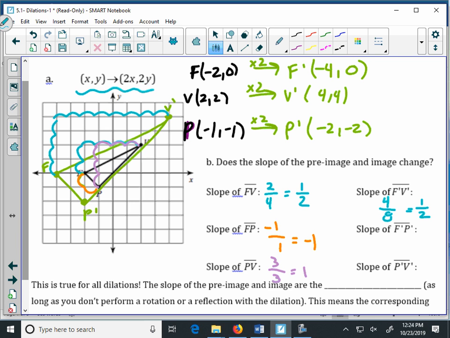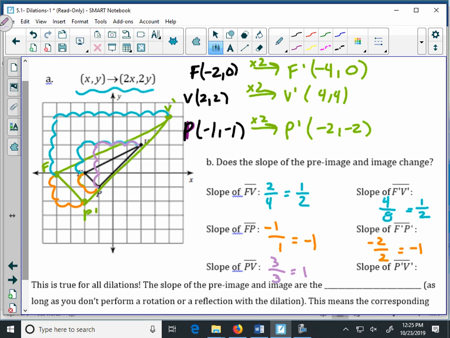Let's find the slope of F prime, P prime. I went down how far? 2. I went right how far? 2. So it's negative 2 over 2. What does that simplify down to? Negative 1. Any guesses on what the slope of P prime, V prime is?